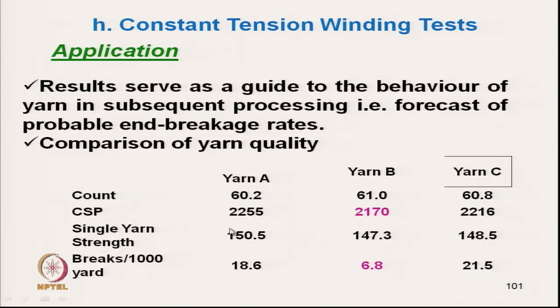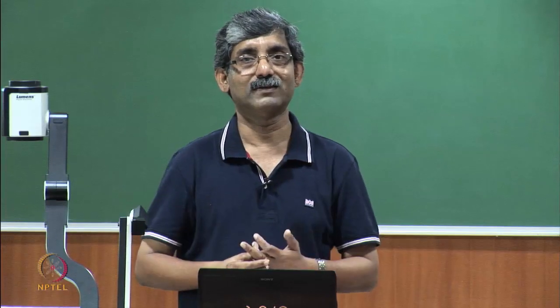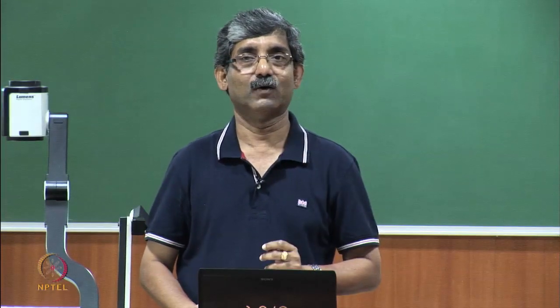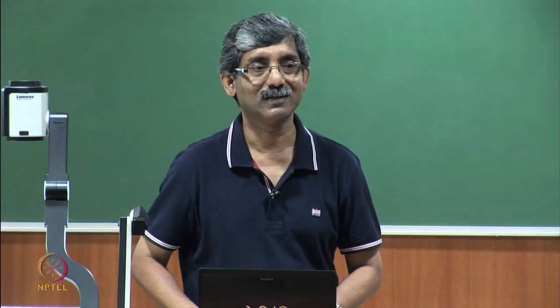In dynamic mode, if we see the result, although yarn B has the least CSP, meaning count strength product, it gives the least breakage rate. That means yarn B is expected to give higher efficiency, lower stoppage during running, at least three times.